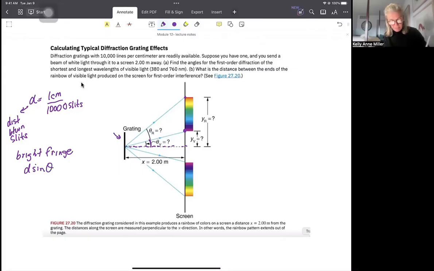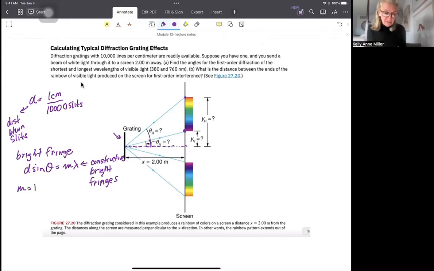So d sine theta is the condition for constructive interference, where the path length difference between any two rays is just some integer multiple of lambda. That's where the bright fringe is. And we're interested in m equals 1, because they say the first order diffraction.